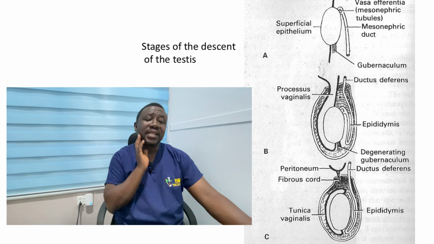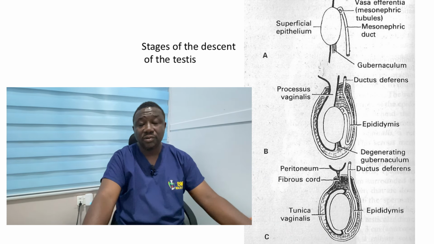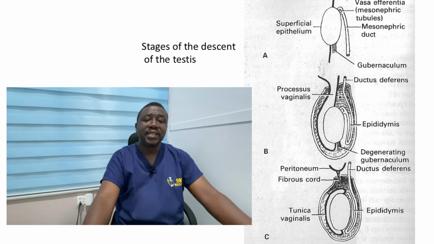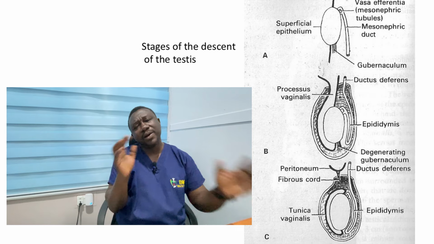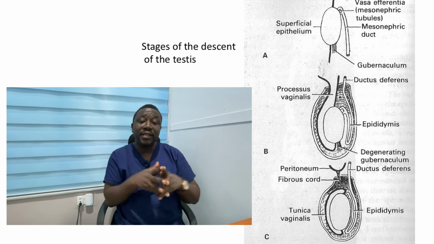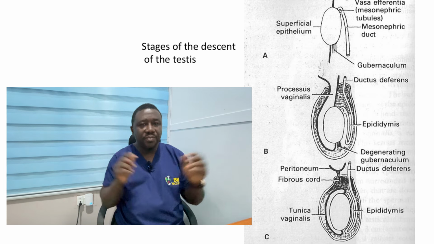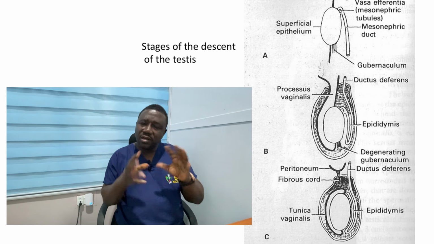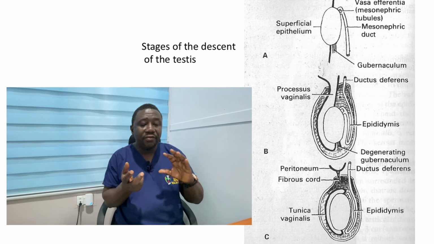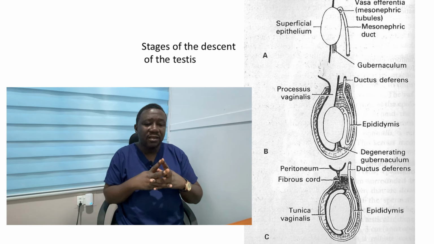The testis in descending will push straight through the anterior abdominal wall via the inguinal canal, taking skin and muscles, as I said. Now the spermatic cord is a structure that finds itself in the inguinal canal in males. In females, it's the round ligament. This spermatic cord will have muscles and fascias taken from these two different layers.